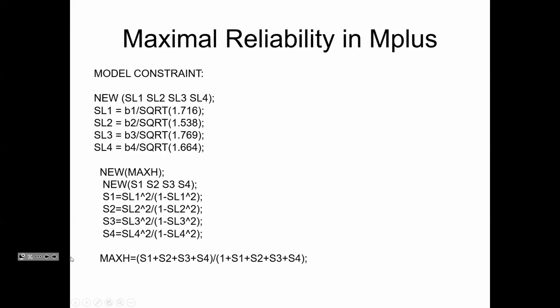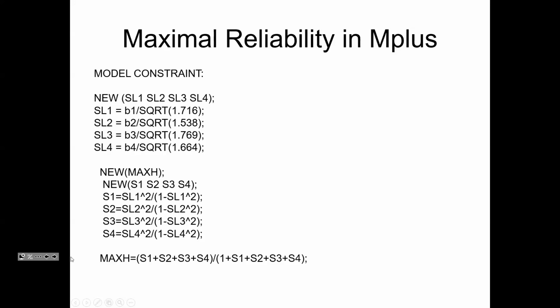You are right, though. If I wanted to create a standardized loading in general and I had a factor variance that isn't 1, then for the standardized loading, it would be the unstandardized loading multiplied by the standard deviation of the factor divided by the standard deviation. In that case, you would take the factor variance and you take the square.